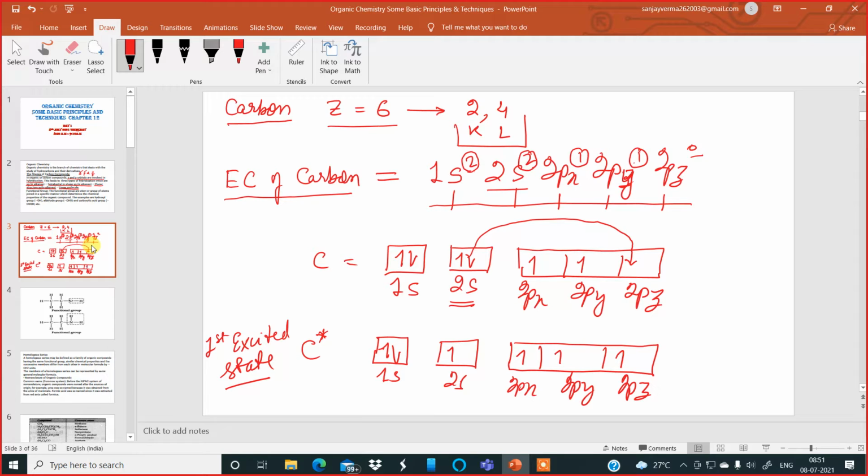So, we can see the 2s, 2px, 2py and 2pz orbitals have 1 electron each. This electronic configuration is called the first excited state electronic configuration of the carbon atom.